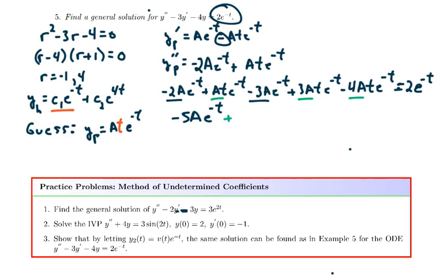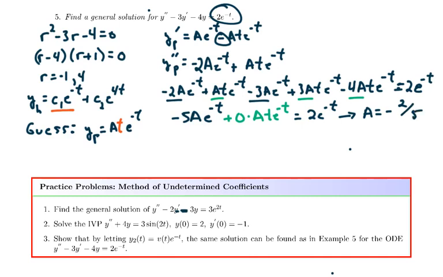So I will write that in just so you see it. That's going to be 0 t e to the negative t equals 2e to the negative t, which means that a must be negative 2/5.